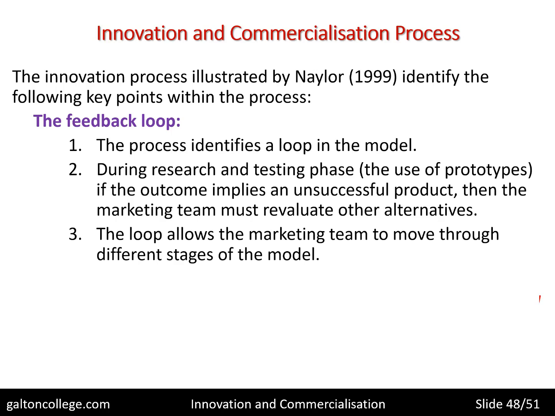The loop allows the marketing team to move through different stages of the model. So a feedback loop doesn't have to be from start to end. It could be at intermediate points, similar to the stage gate model we talked about earlier, where management set up points along the development stage to say it will be appraised at this point, and it'll only go forward if it passes.